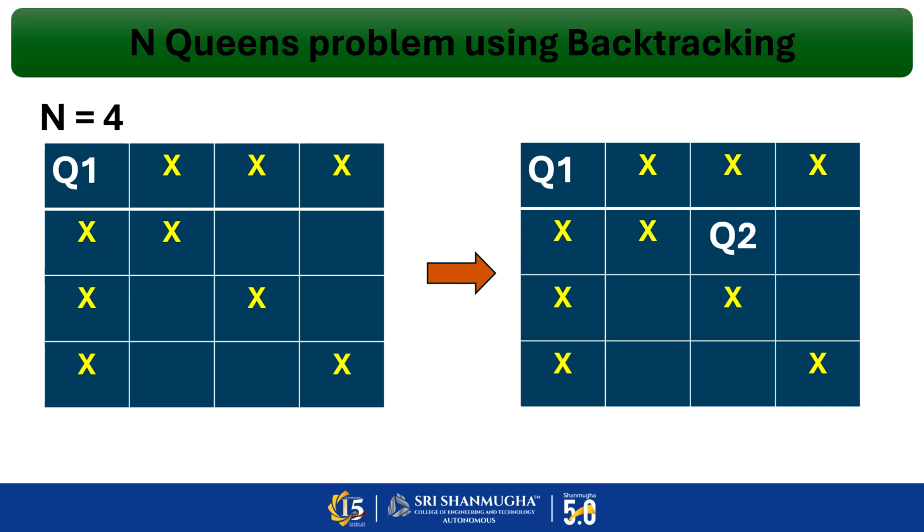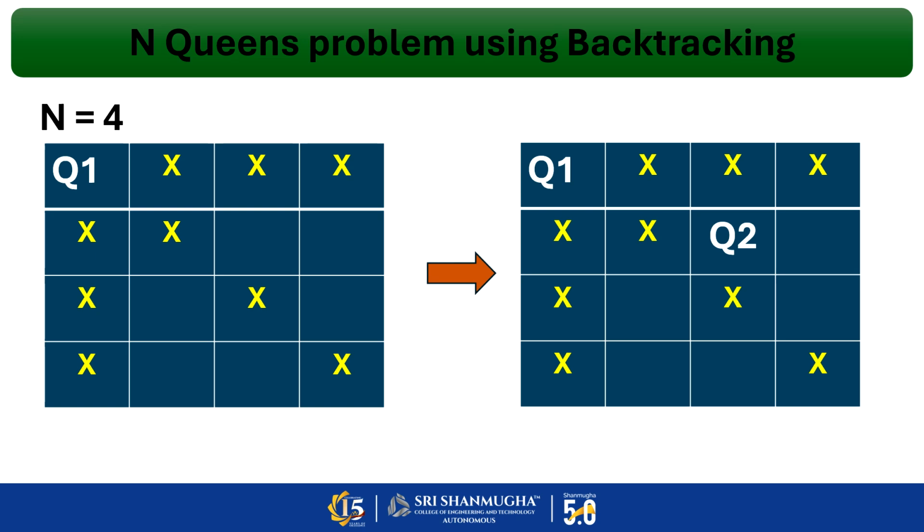When I place Q1 in the first cell, towards right as well as downwards as well as diagonal, no other queens can be kept. This is the rule of queen, right? So already I told you, to reduce the size of the problem, we are using 4 cross 4. Fine. So the X mark represents that no other queens can be placed in that particular cell.